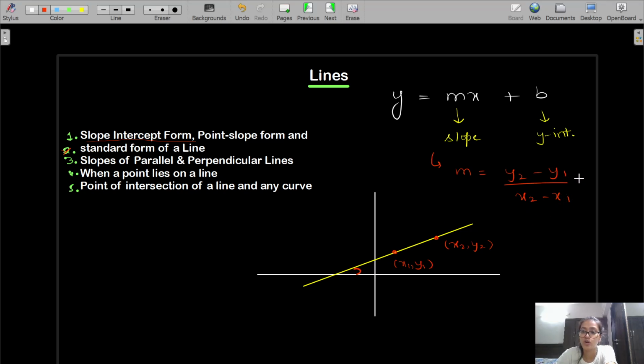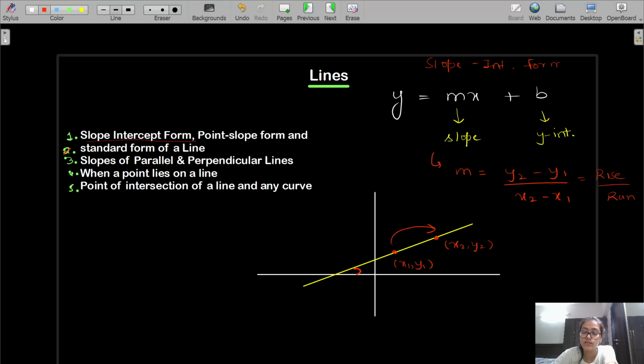This is also called your rise over run. That means if you have to go from this point to this point, then how much do you have to rise divided by how much you have to run. So this is your slope intercept form.